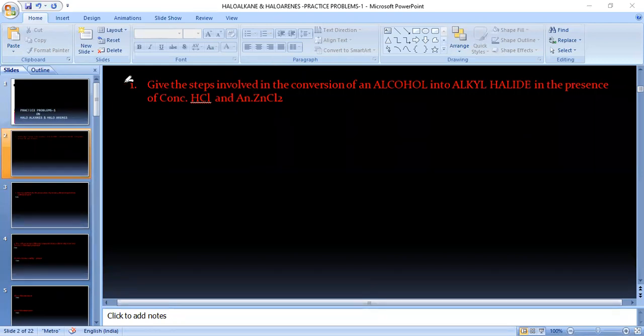So the first question. Here we need to give the steps involved in the conversion of alcohols into alkyl halides. In the previous sixth part, we already learned the conversion of alcohols into alkyl halides in the presence of concentrated HCl and anhydrous zinc chloride.